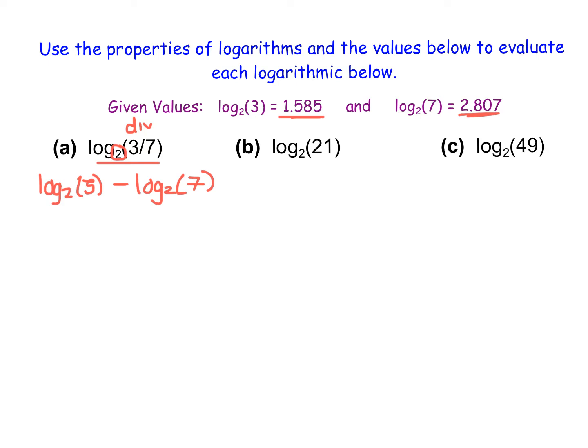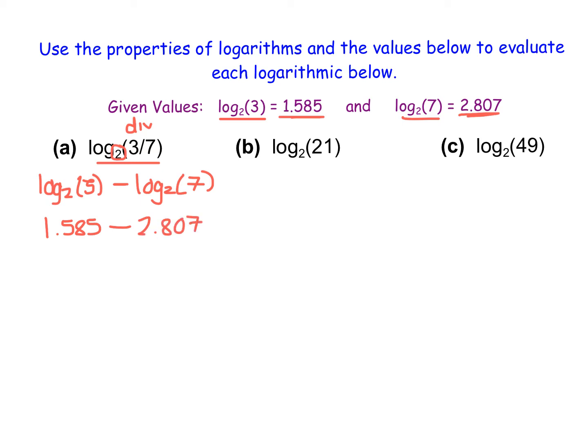Now because this problem gave us values of log base 2 of 3 and log base 2 of 7, we're actually able to substitute those into the problem and evaluate the logarithm that we see on the screen. So log base 2 of 3 is 1.585, and log base 2 of 7 is 2.807.